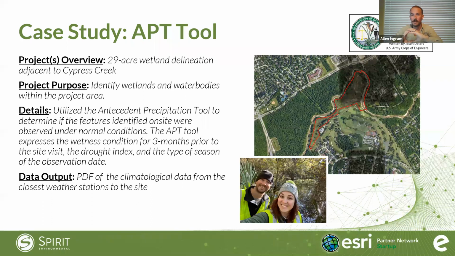They kind of want what you're seeing on the ground to be typical for the area that you're doing your delineation. So essentially what the APT tool does is, you input your lat-long coordinates, and then you receive an output kind of giving you a graphic of your typical year, your expected range. So we can go to the next slide, please.